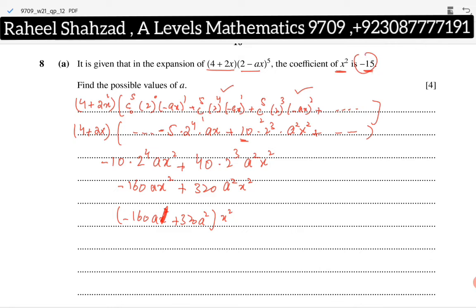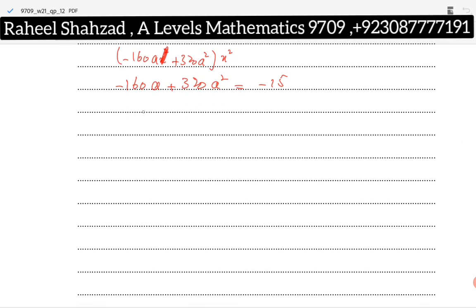So what we have here is minus 160a plus 320a square is equal to minus 15, and we rearrange it, it's 320a square minus 160a plus 15 is equal to 0, right?